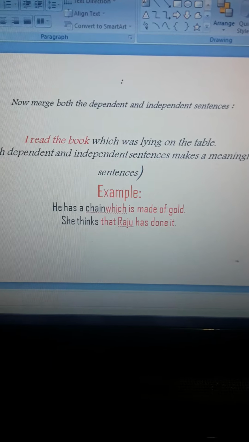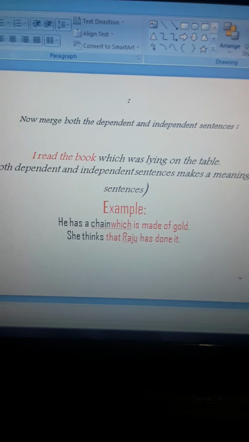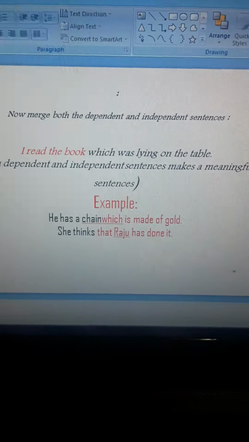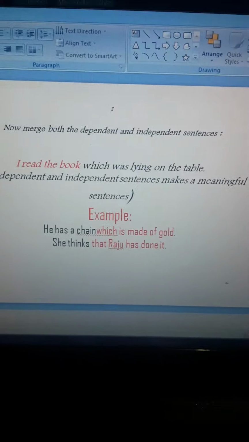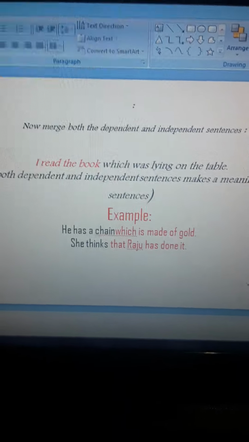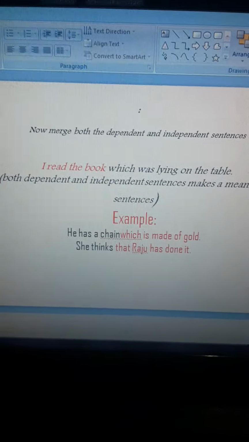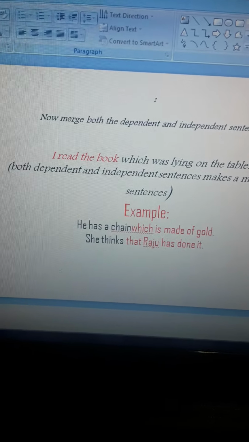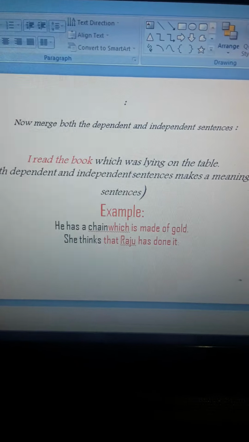That Raju has done it is a dependent clause and she thinks is the independent clause. Now if we merge both, it will give a complete sense and it will frame a sentence. She thinks that Raju has done it.